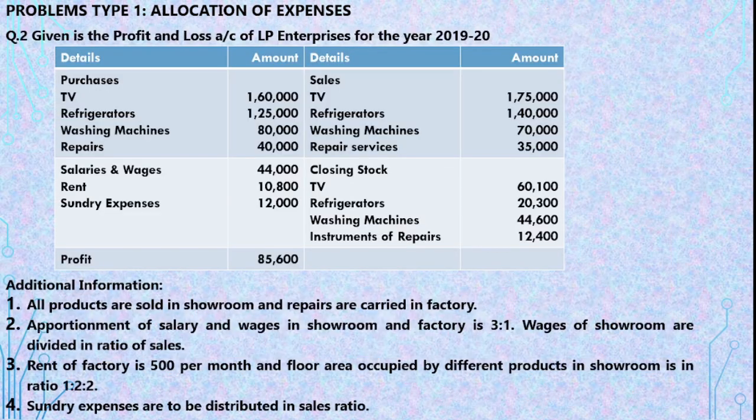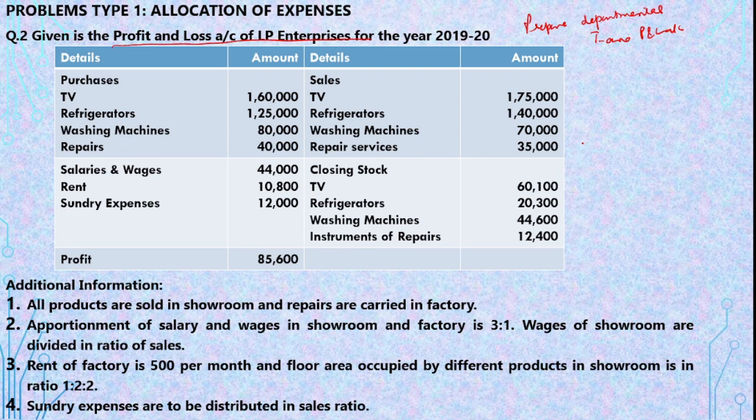Now I am leaving you with one more question. This is a question wherein the P&L account has already been drafted. Given is the P&L account of this organization and then you are given some information regarding the expenses, and you are to prepare departmental trading and P&L account to find out their individual profits.